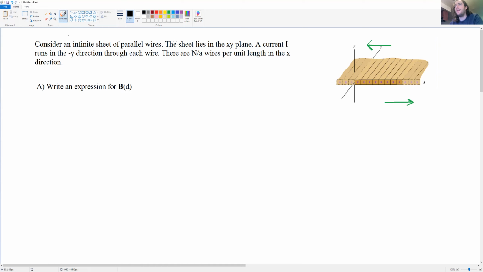So we've been given a density here of wires per unit length. This is some kind of density of wires, so we'll have to use that. The magnetic field for one piece of wire, we can write as basically the formula that we have for a long wire.